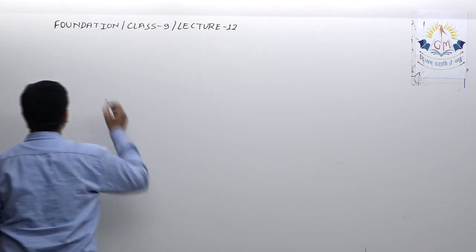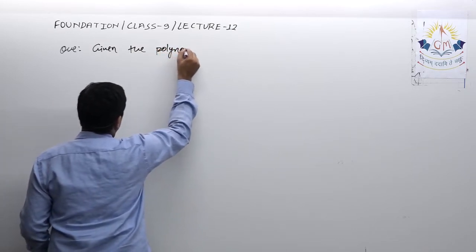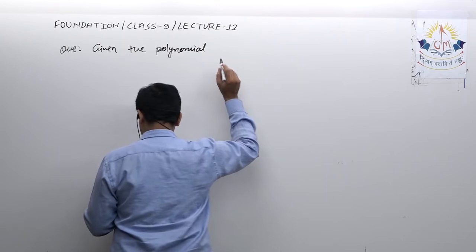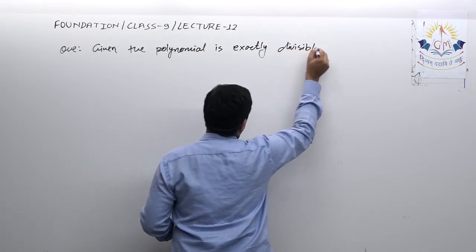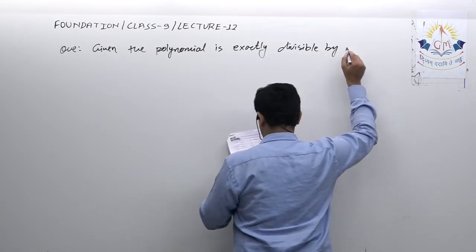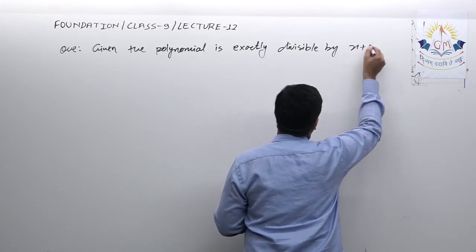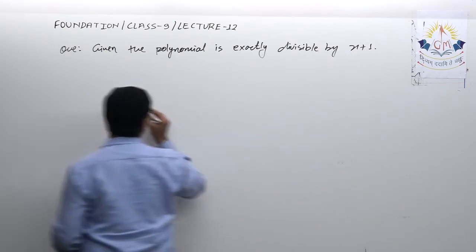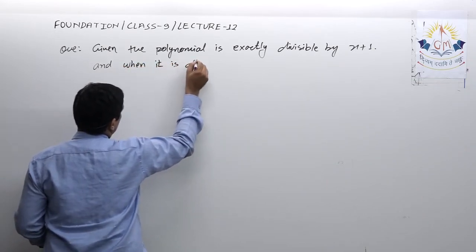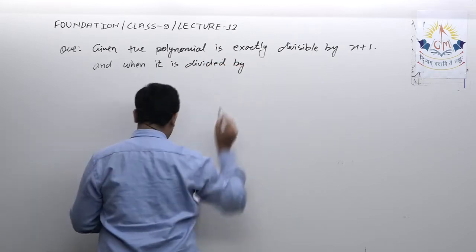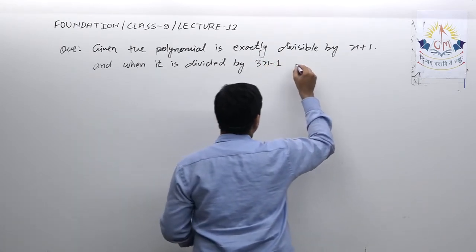Given the polynomial is exactly divisible by x plus 1, and when it is divided by 3x minus 1, the remainder is 4.